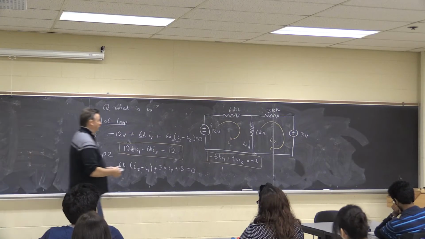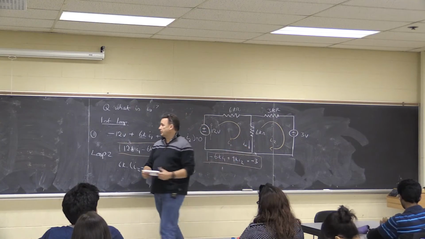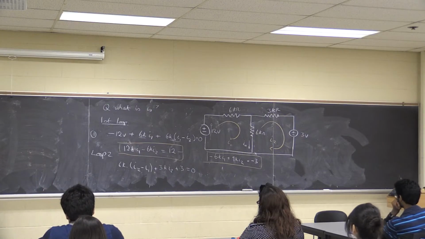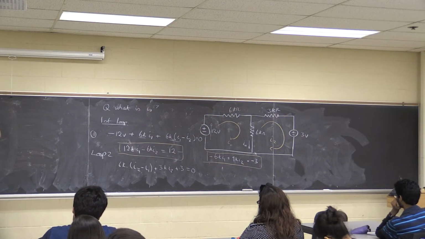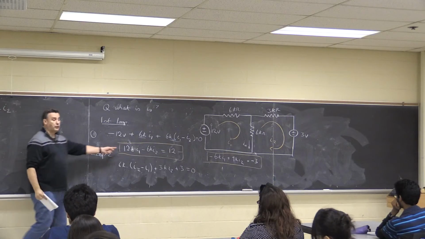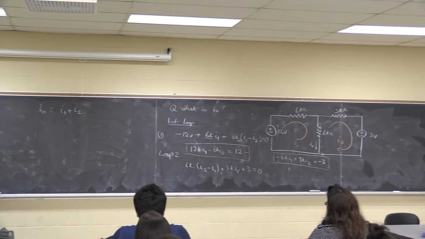I guess the third thing we know about this, so if we look closely, I naught is what we want. So I could say from this that I naught is flowing down, so that's just going to be I1 plus I2. So if I can solve these two equations, I get I1, I2, hence I get I naught.